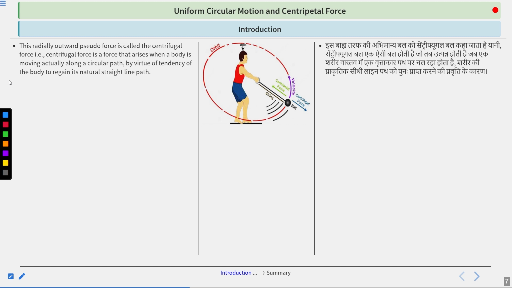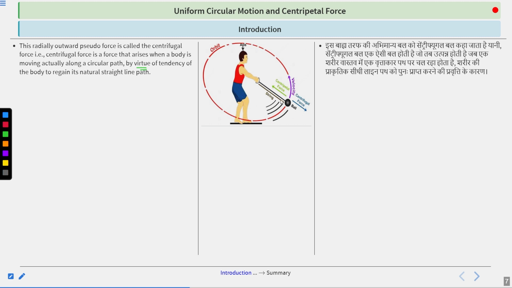Centrifugal force is a force that arises when a body is moving along a circular path, by virtue of the tendency of the body to regain its natural straight line path.